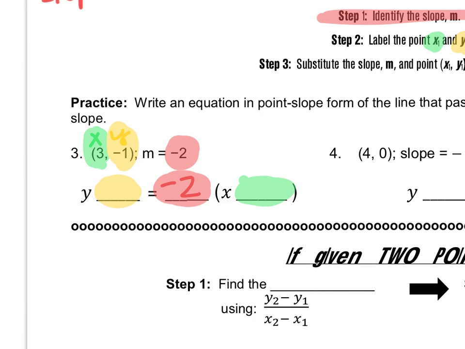So when we put them in, remember they're going to switch signs. That's super important. So instead of a positive 3 in the parentheses, we're going to have a minus 3, and instead of a negative 1 on the left side, we're going to have a positive 1. So our equation would be y plus 1 equals negative 2 times x minus 3. That's the equation of our line.